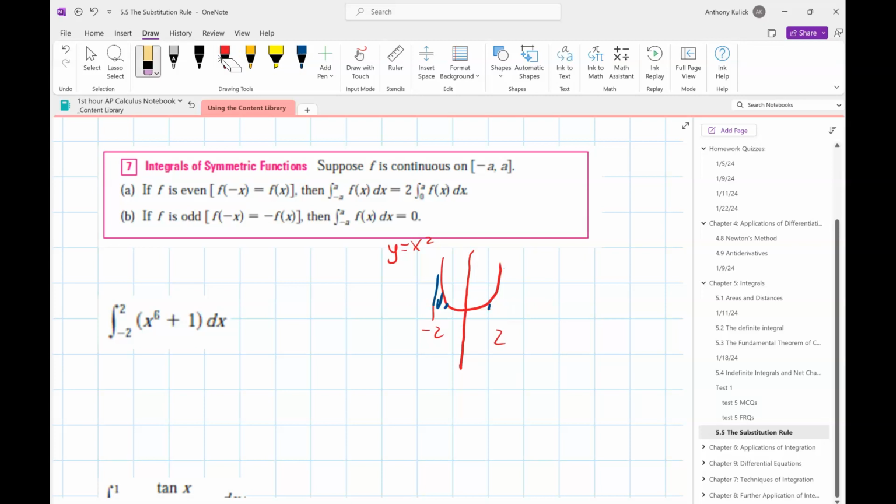The second one is the one that's even more useful, though. Look at this one. If f is odd, and I integrate from -a to a, doesn't matter what the function is. As long as it's an odd function, the integral is 0.